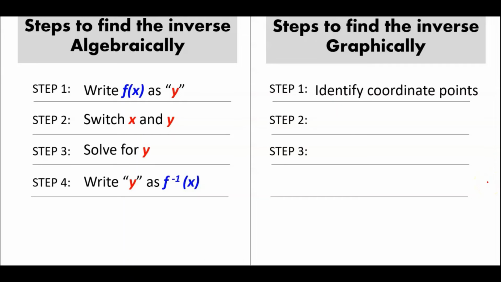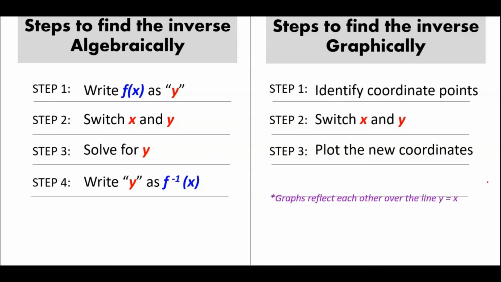Okay, so for graphically, go ahead and write on the right-hand side, you identify the coordinate points. Once again, switch x and y, and then you plot those new points. The graph will reflect across the diagonal line, y equals x.